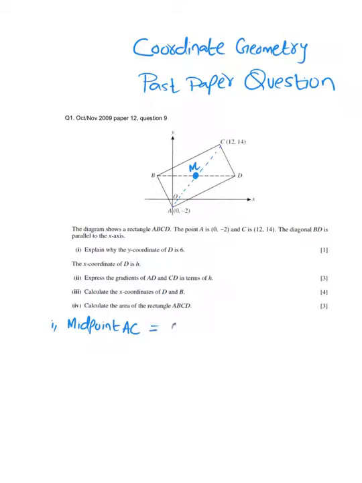Midpoint of AC is (0 plus 12 over 2, minus 2 plus 14 over 2). So it comes out to be (6, 6).